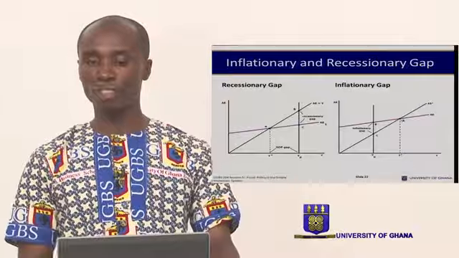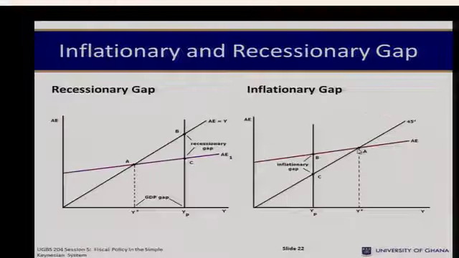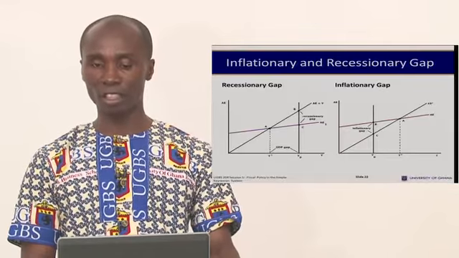On the other hand, if you consider this case, the level of spending is way too high compared to what we need to be at a potential output. So this is going to have inflationary pressures. Later on, we talk about inflation. But what government can do is to reduce the level of aggregate demand or aggregate expenditures.